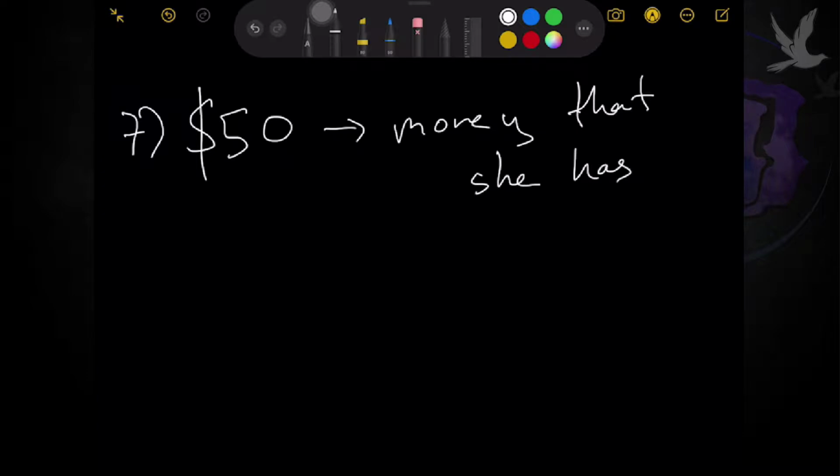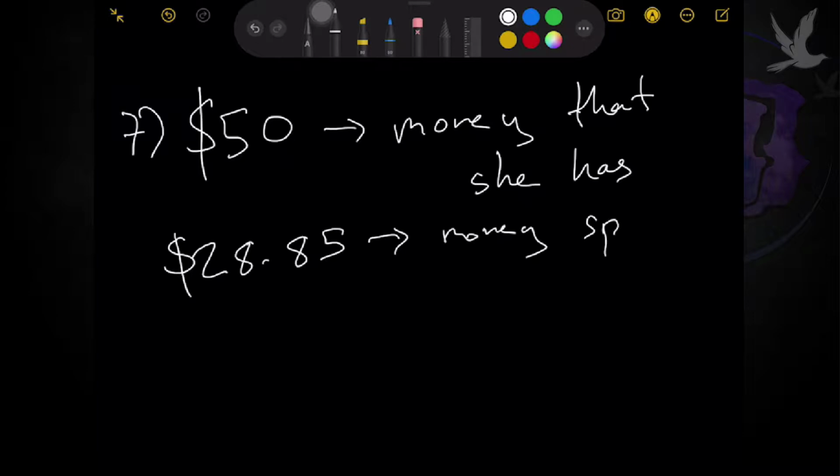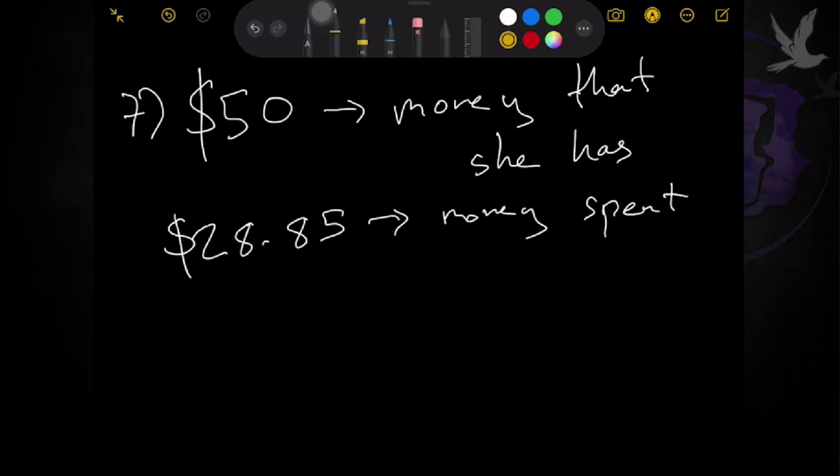And if she spends $28.85, that is the money spent. How much money has she left? So actually, we are just subtracting these numbers.